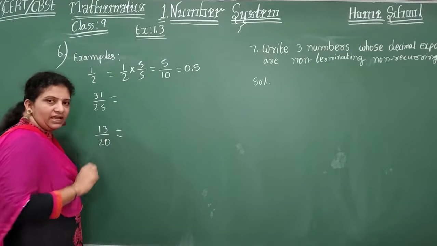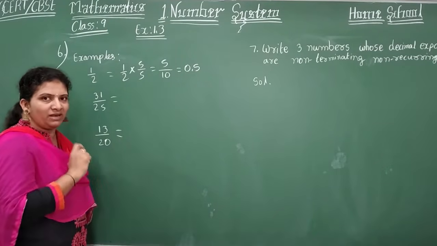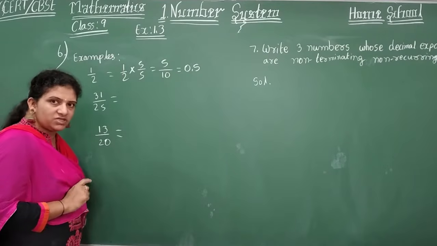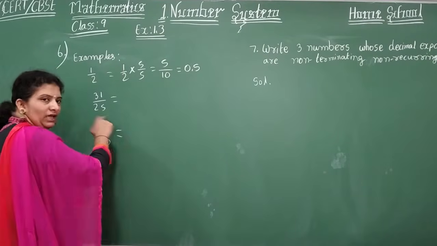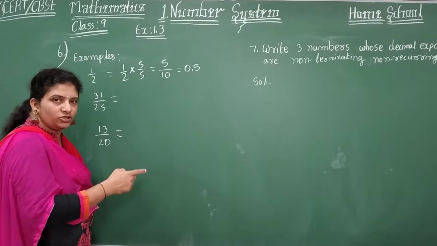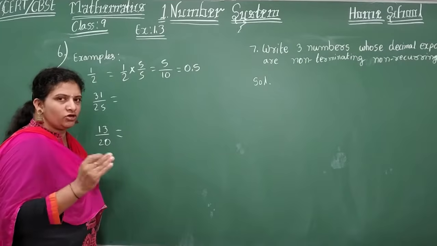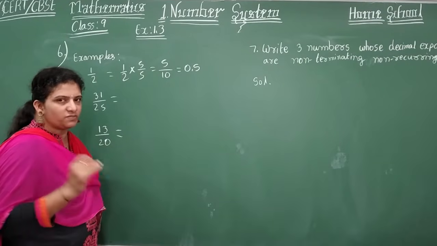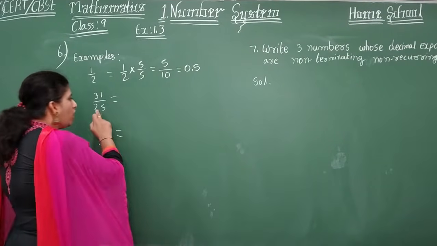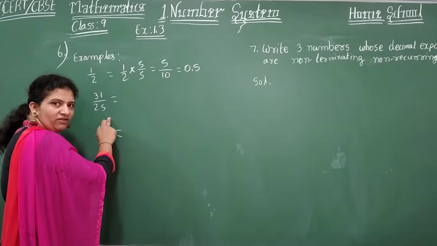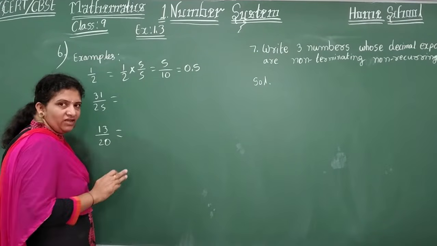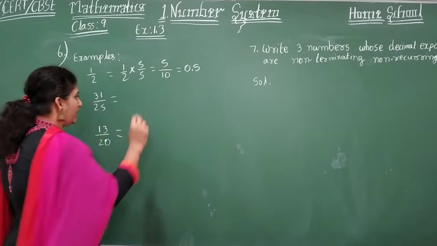So look at your second example here, 31 by 25. So observe here, children, it should be 100. When you want to convert into decimal, the denominator should be converted into a zeros pattern or 10 squares pattern. So what do you need to multiply this 25 by to make 100? 25 4s are 100.